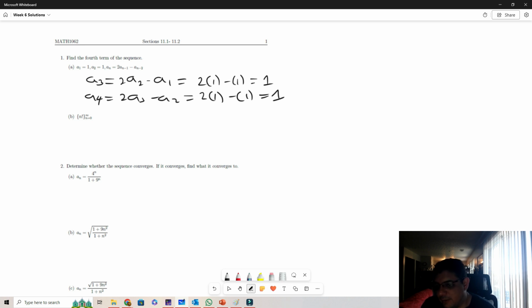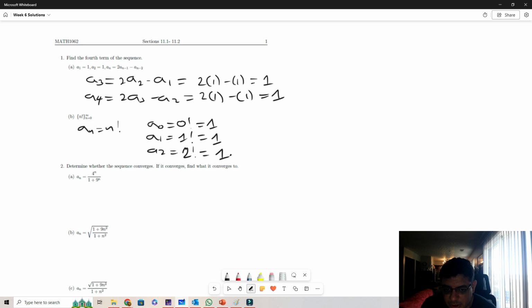Now for B, we have that the sequence is n factorial, and this goes from n equals 0 to infinity, so we can actually put a0. a0 is 0 factorial, which is actually 1. a1 is 1 factorial, which is 1 as well. a2 is 2 factorial, and 2 factorial is the multiplication of 1 times 2, which is 2. a3 is 3 factorial, and that will be 1 times 2 times 3, so that'll be 6.